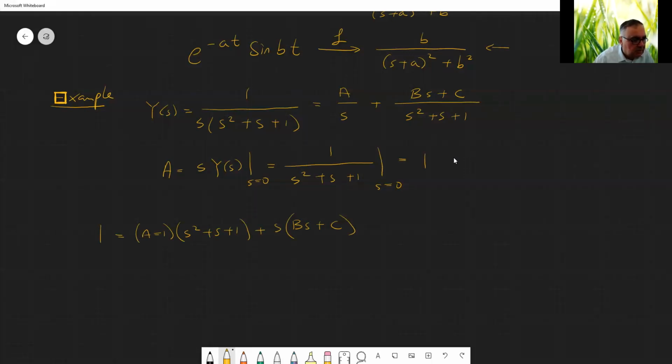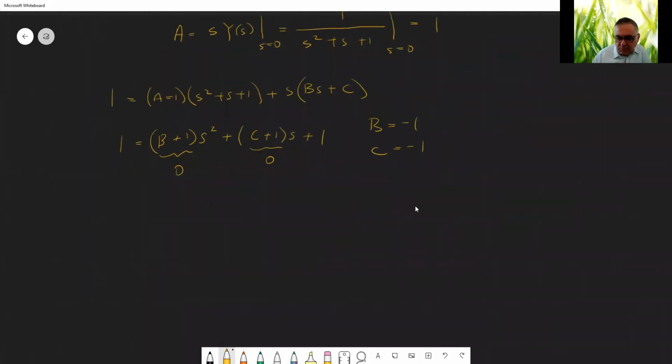What do you get? 1 equals Bs squared plus 1 s squared, that is (B plus 1) s squared, plus Cs plus 1 s, that is (C plus 1) s, plus 1. And 1 is 1, but B plus 1 equals 0 and C plus 1 equals 0. So B equals minus 1, C equals minus 1.